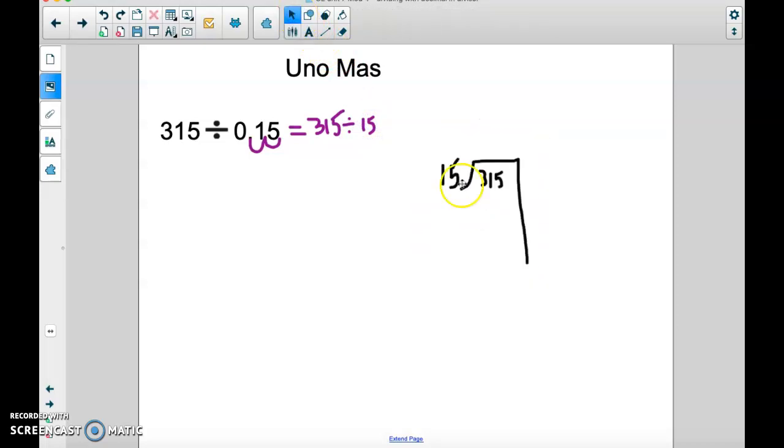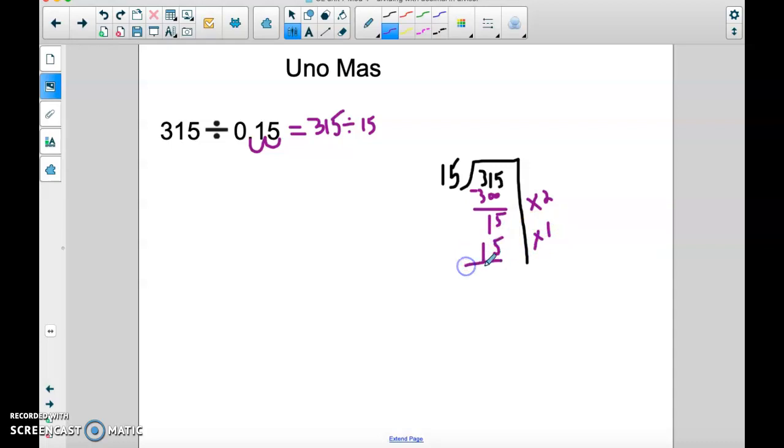So now I've got it all set up. I am trying to think logically and be efficient with my division strategy. So I know that 15 times 2 is 30, so 15 times 20 would be 300. And that takes off a ton. Left with 15. Multiply it by 1, that'd be 15. Oh, sorry, this should be 20, not just 2.